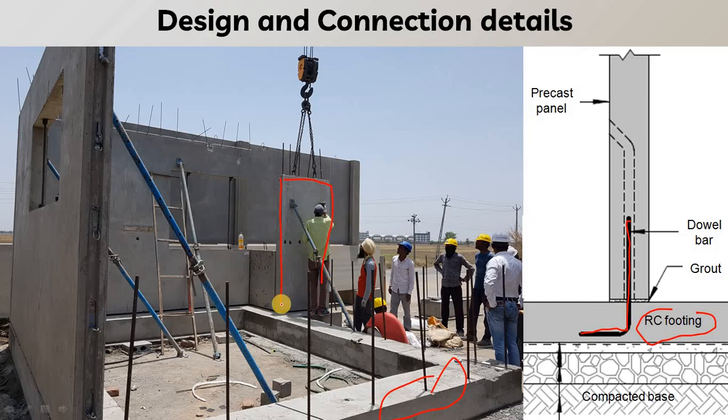Here you can see this is the precast wall panel, and here you can see there is a hole. That hole is of the dowel tube that we have placed inside. This is the dowel tube that we have placed in position.